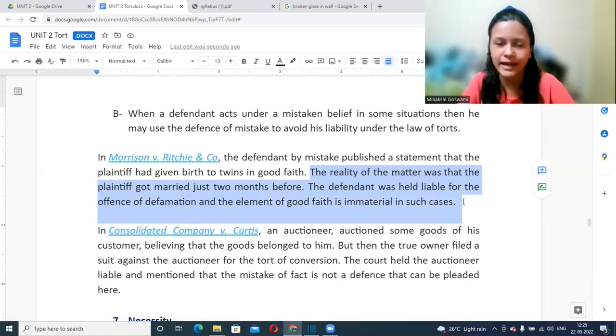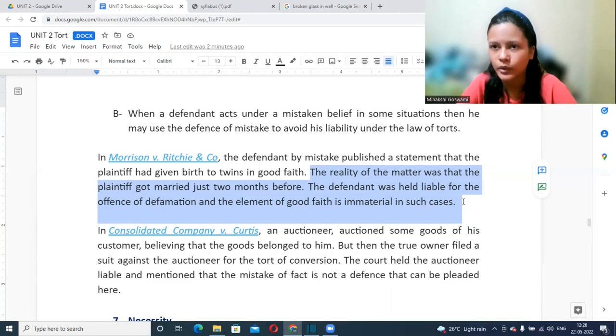Plaintiff got offended by it. She filed a case in the court and court said that there are cases like defamation. There are some defenses that you can apply, that you can say that, okay, whatever I published, it is a true statement or something. But you cannot come with the excuse that, okay, I was under a mistake of fact. Before publishing something, you should have verified, clarified, and everything.